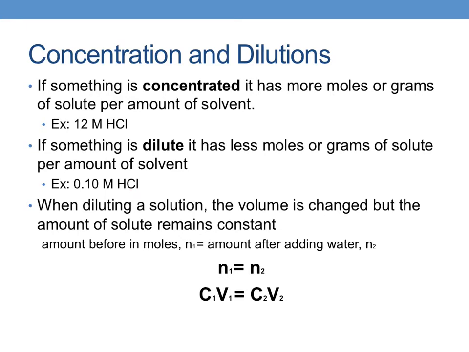And when you're diluting your strong solution, all you're doing is adding water. So however much solute is in the solution in the beginning, that's how much solute you're going to have at the end. So the amount of solute stays the same.